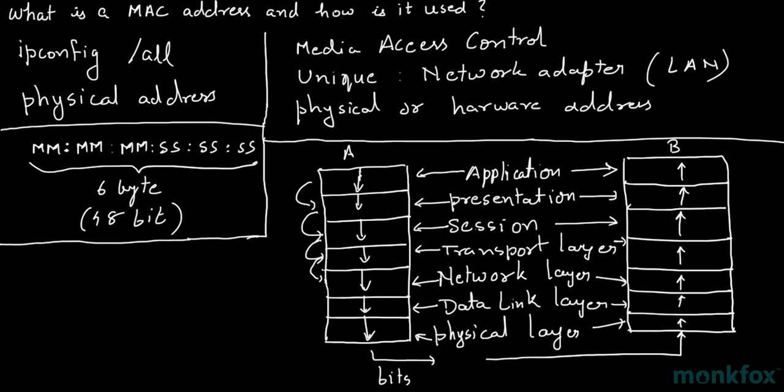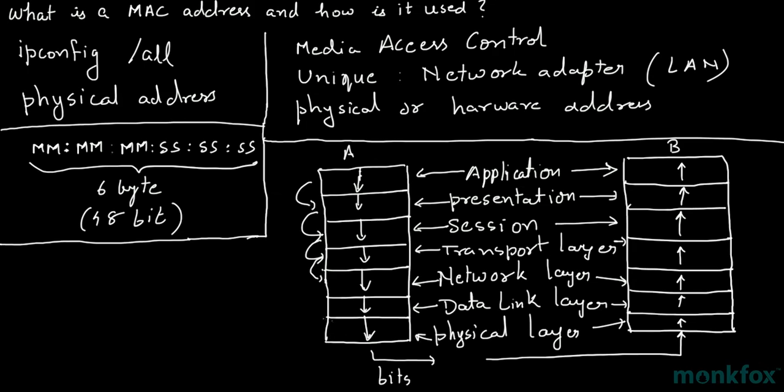So each layer just interacts with its corresponding layer. The data packet created by the session layer will simply be read only by the session layer in B. It will not be read by any other layers. That is how the whole flow of data through the various OSI model layers works.